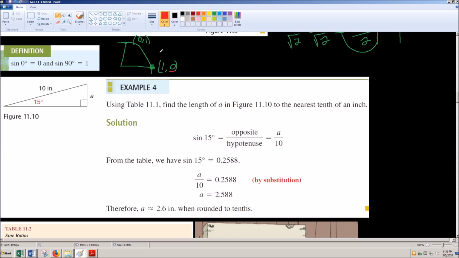So y is my sine. So yeah, I see that sine of 0 is 0. Sine of 90 is 1. Cool. So again, just tracing back to the unit circle, this is by definition, if you want to just use a calculator for it, that's fine. Again, I'm not really requiring you guys to know all that much about the unit circle as of right now.